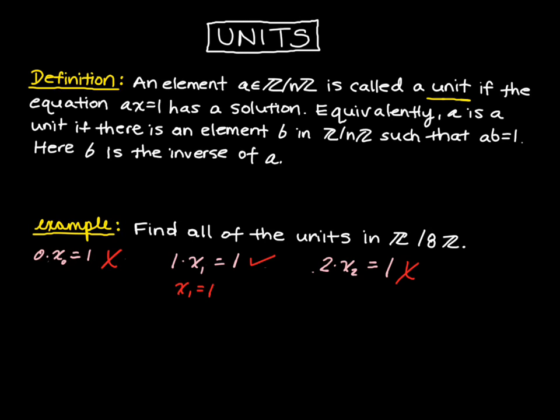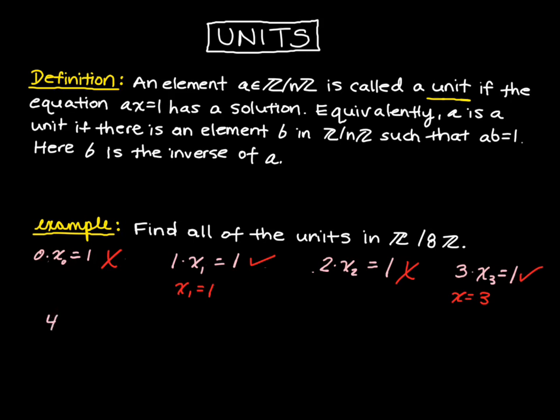And next we try 3 times x3 equals 1, and we want to see if this has a solution. And it does, namely, if we choose x equals 3, we get that 3 times 3 is 9, and 9 is congruent to 1 mod 8. So right now we see that 1 and 3 are units.